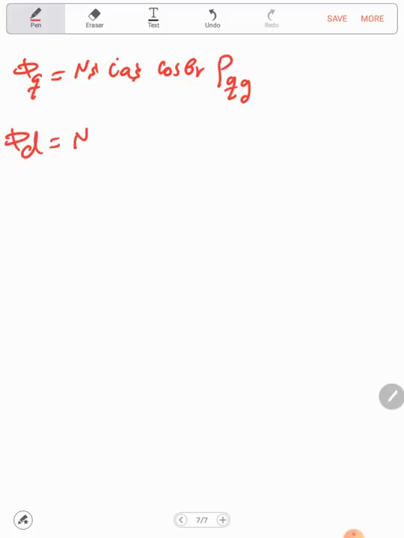So the flux along the q-axis phi q will equal to NS IAS cosine theta r multiplied by the permeance of the gap in the q-axis. Now the same thing we can write the phi d, which equals NS IAS sine of theta r multiplied by the permeance of the d axis of the gap.